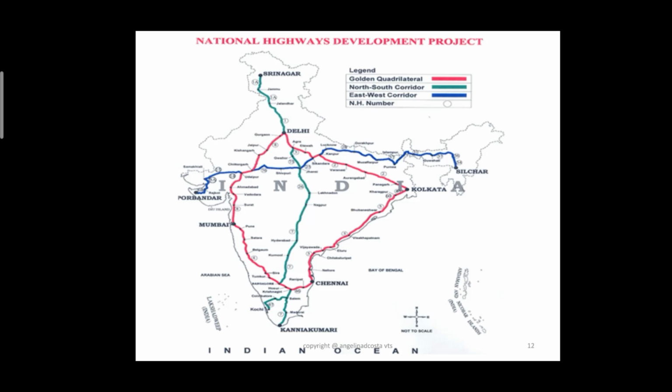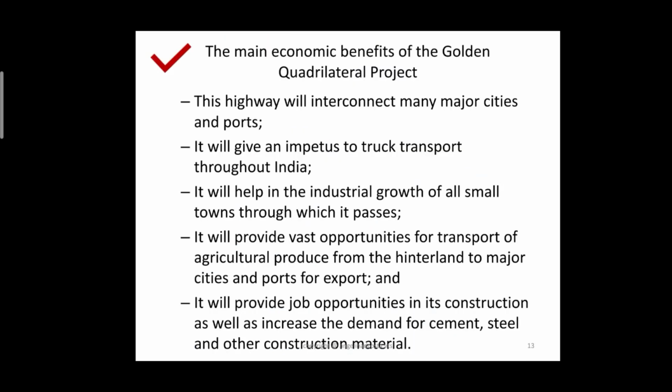Let us take a look at the main economic benefits of the Golden Quadrilateral project. This highway will interconnect many major cities and ports. It will give an impetus to truck transportation throughout India. It will help in the industrial growth of all small towns through which it passes.